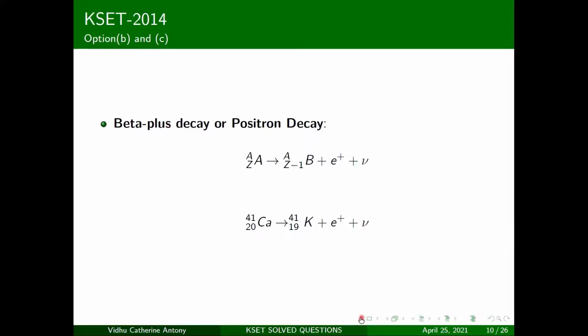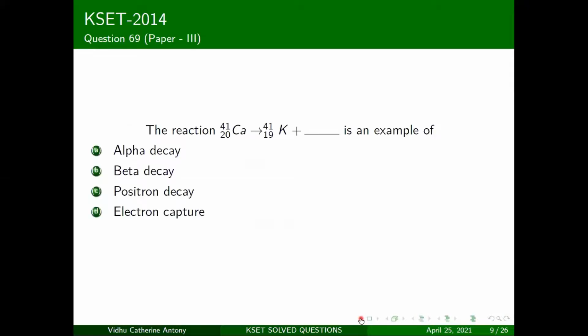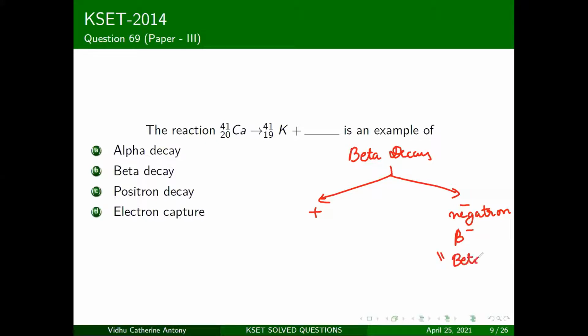But what you need to note here is that beta decay is of two types. You have a positron decay, and you have a negatron decay. Usually they call this negatron decay or the beta minus decay, or they typically dub this itself as beta decay.